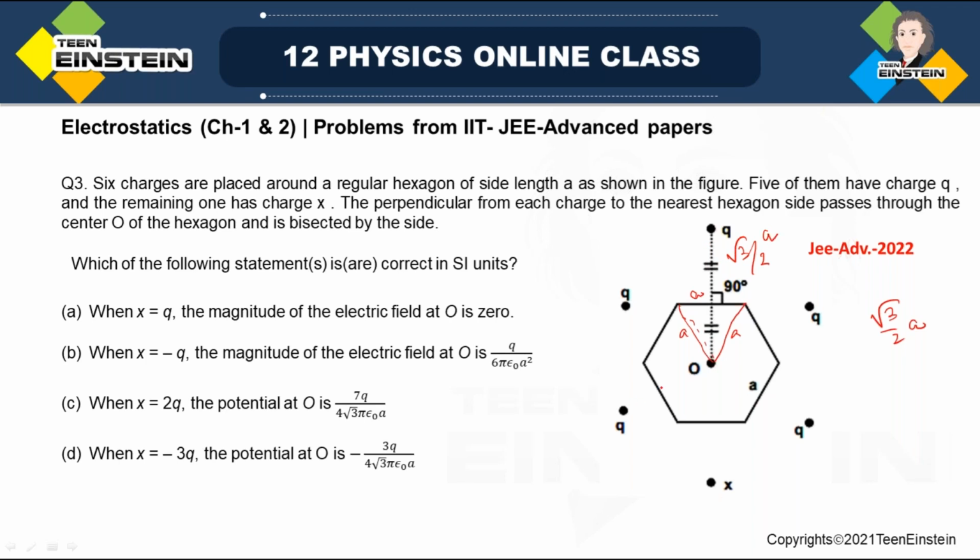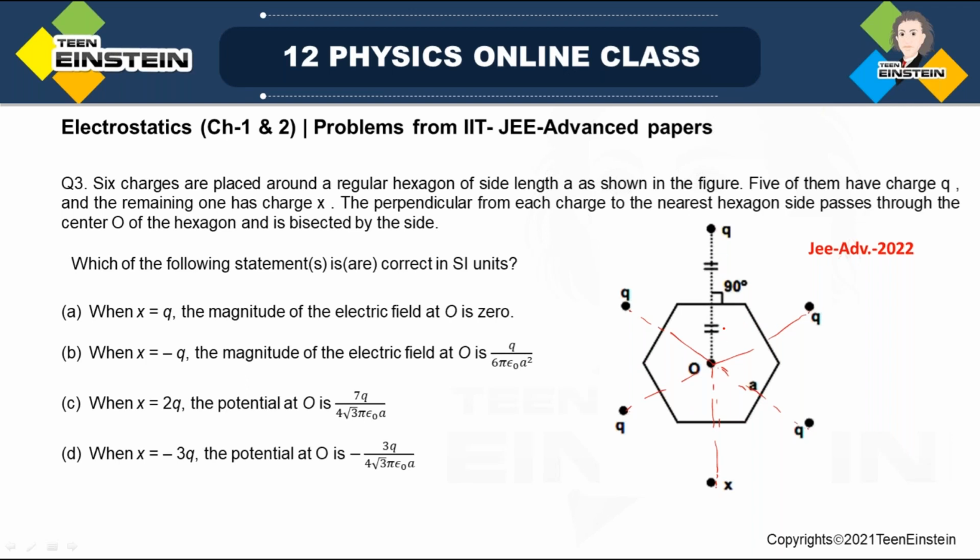Okay, that means for all of them the distance is equal. Let me add them with the dotted line. This is exactly opposite to this position, and these two are in the same line, at equal distance from each other.